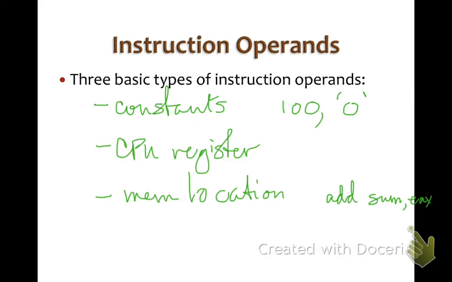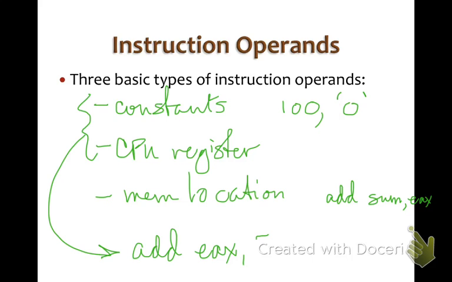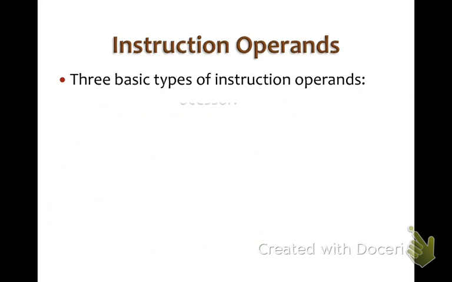For these other two, an example that would represent both of them is the one we've been using, where my source operand is an immediate value, my destination operand is a register. Okay, so those are the 3 basic types of instruction operands. So let's talk about the addressing modes that go with each of those.